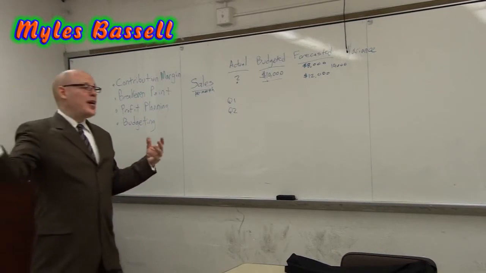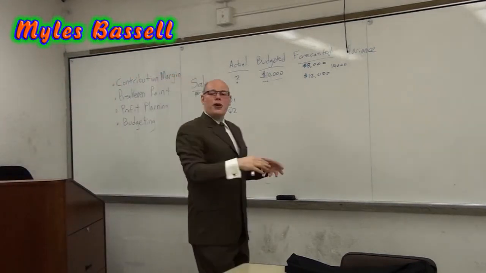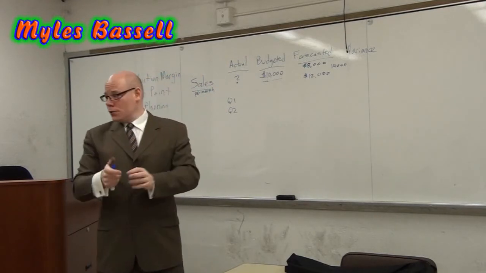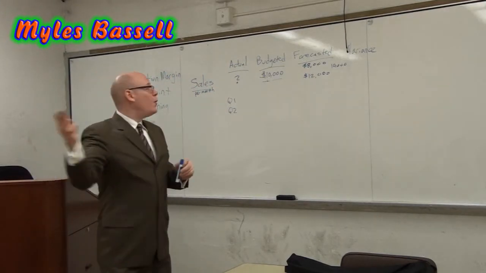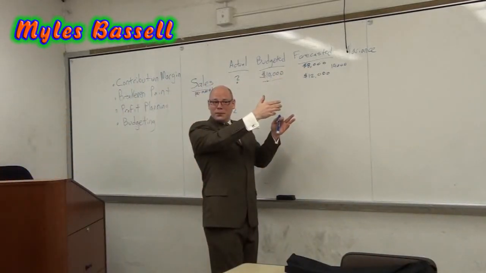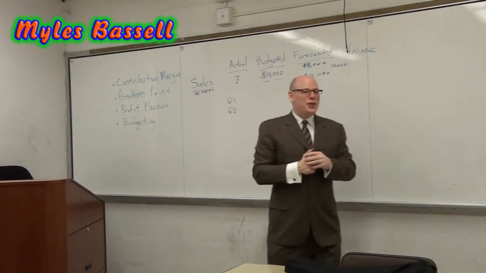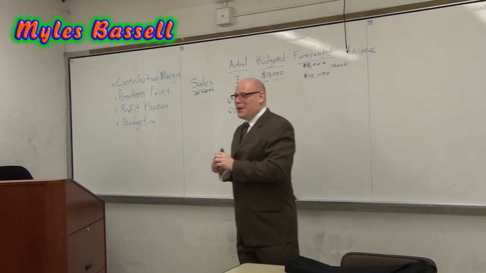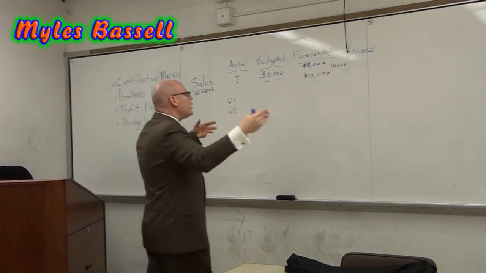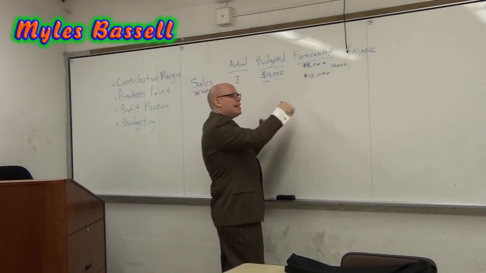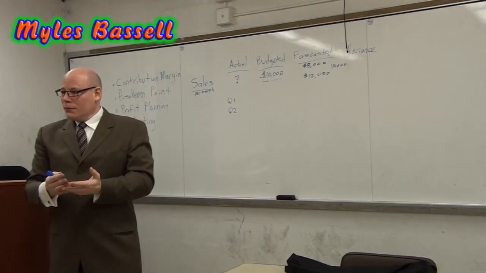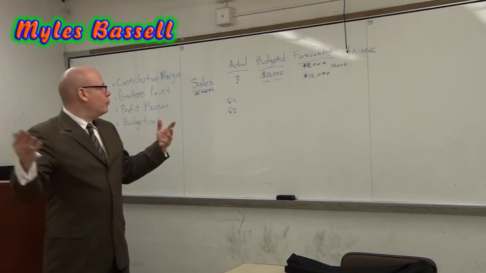Now remember I said information is power, but really it's only potential power. It's only power if put to use. So what that means is when we find out this information, it's not, oh, that's kind of interesting. Yeah, we did that in accounting too. No, now is the chance for us to take some type of corrective action and say, well, why?